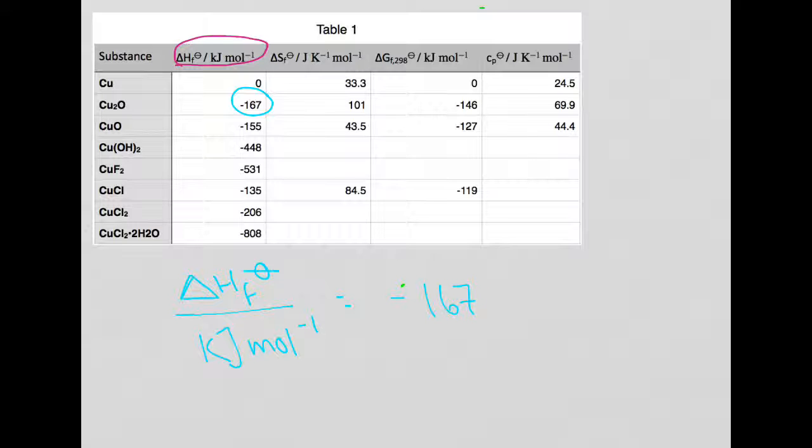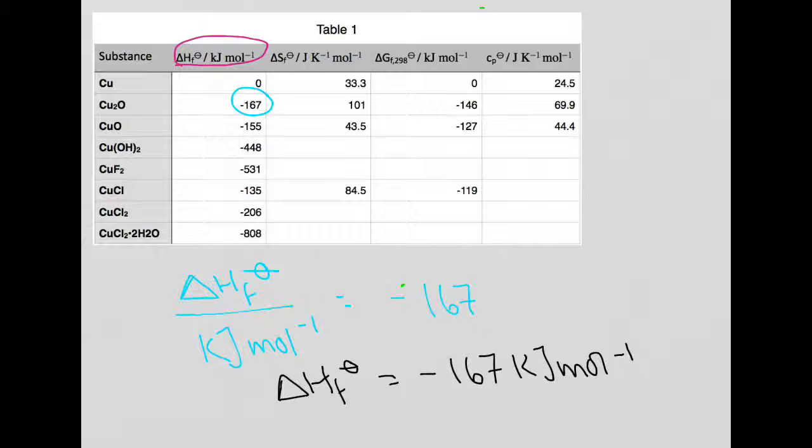Or if I rearrange that to give me my value for ΔHf standard state, it is equal to minus 167 kilojoules per mole. So I've just rearranged that by multiplying both sides.